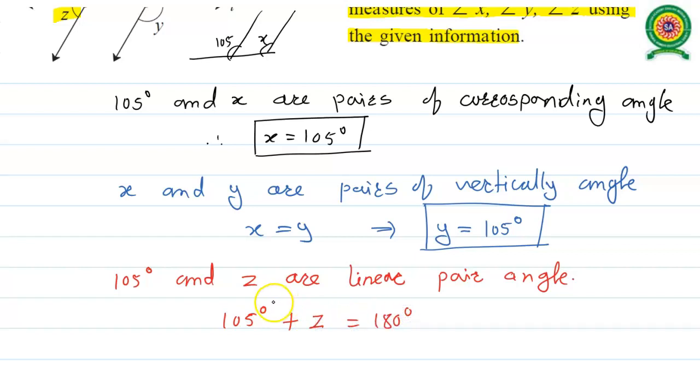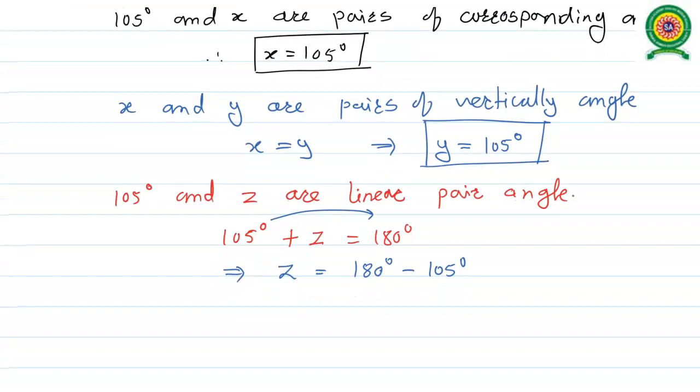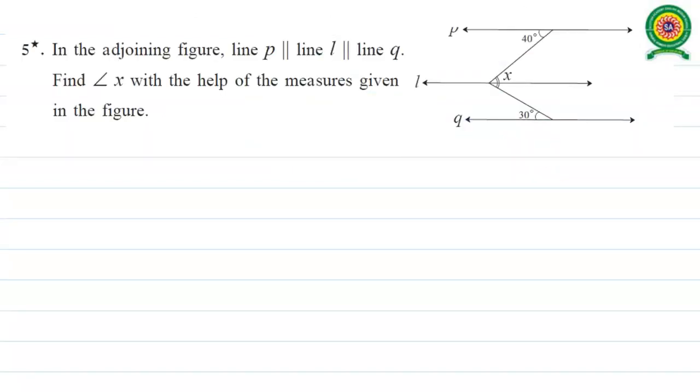Once we shift the 105 degree from LHS to RHS, we get the value of Z as 180 minus 105 degree. So 180 minus 105 gives 75 degree. So the value of Z becomes 75 degree. So we have the value of X as 105 degree, the value of Y as 105 degree, and the value of Z as 75 degree.